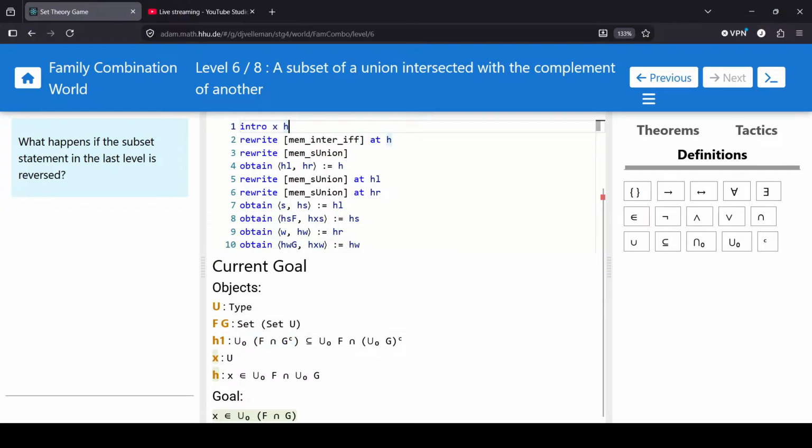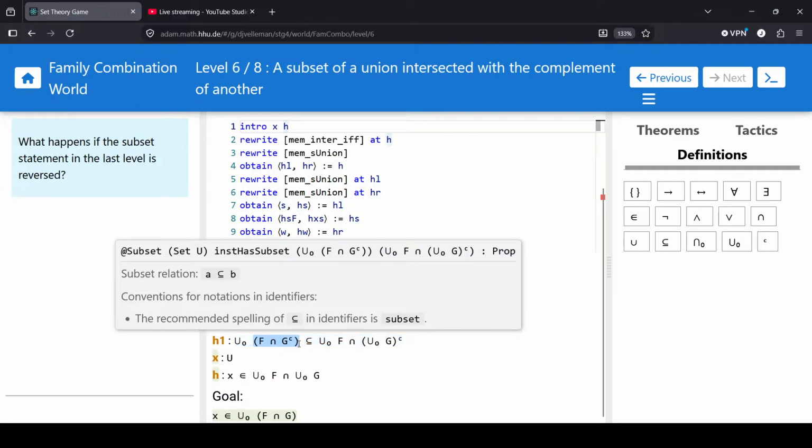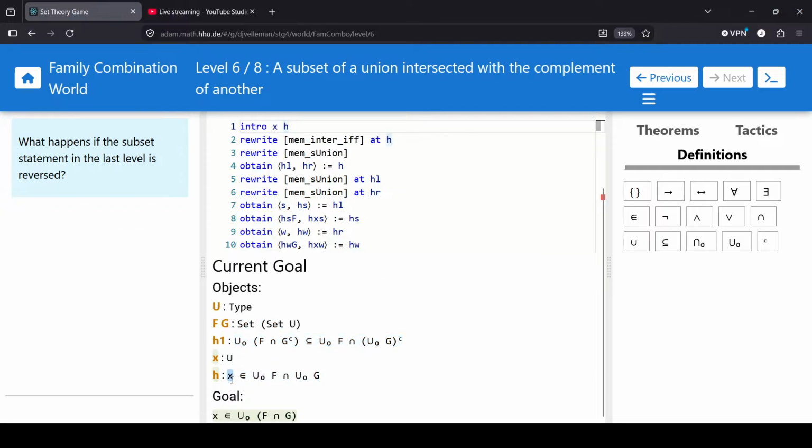Because F intersect with G's complement would be the green region. So this hypothesis cannot be gleaned from this hypothesis. As far as I can tell, they don't align.